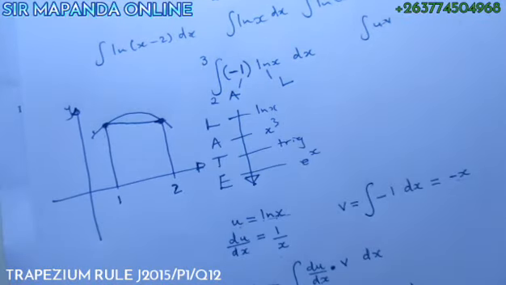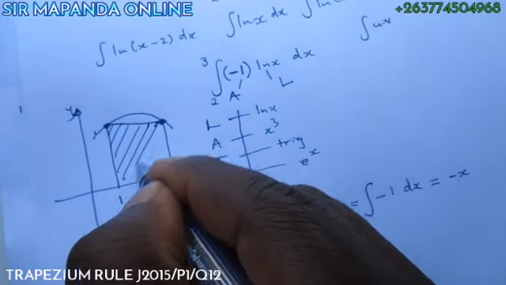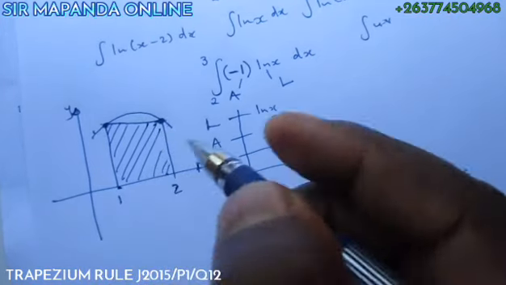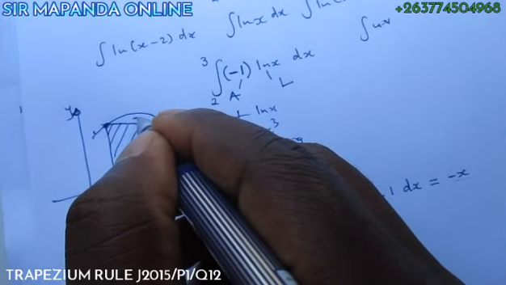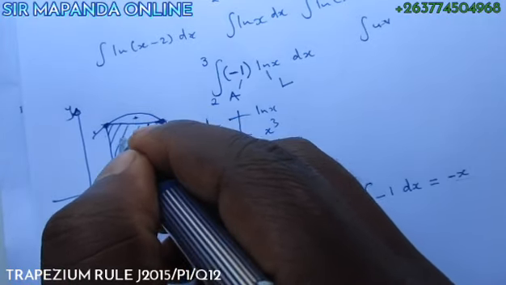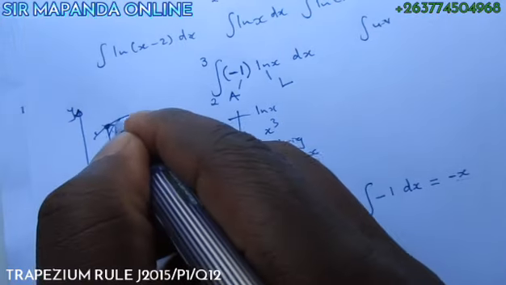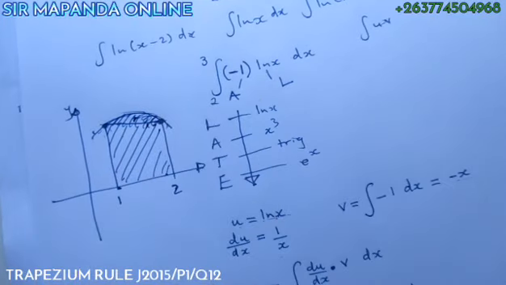So if you calculate using trapezium rule, the answer that you get is this shaded part, which covers from 1 to 2 but below the line. So trapezium tends to ignore this space which is not shaded. It gives an estimate or an approximate value of area, but not the exact. But if you integrate, it covers everything below the curve, including that space which was left by trapezium. I hope you are following.